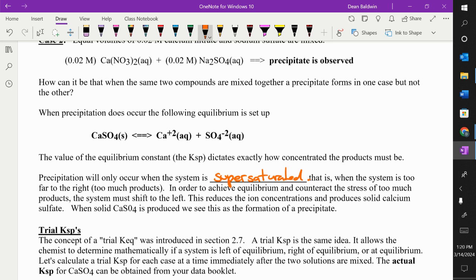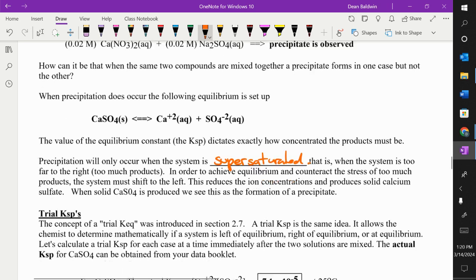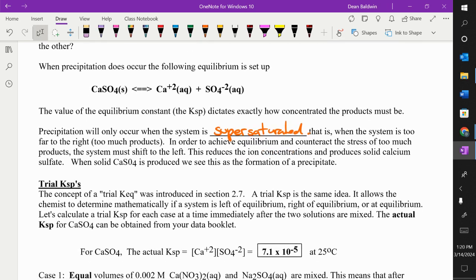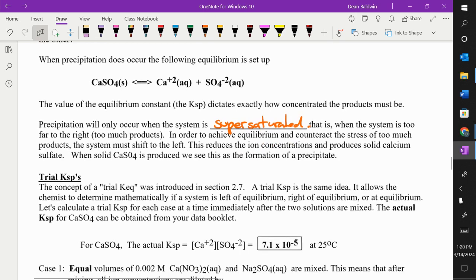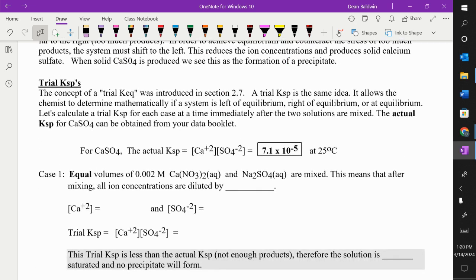Okay. All right. So we talked about trial KEQs in the last chapter. Now we're going to look at trial KSPs. This will tell us if we will get a precipitate or not. So calcium sulfate has a KSP of 7.1 times 10 to the minus 5. That's from your data package, okay, at 25 degrees.